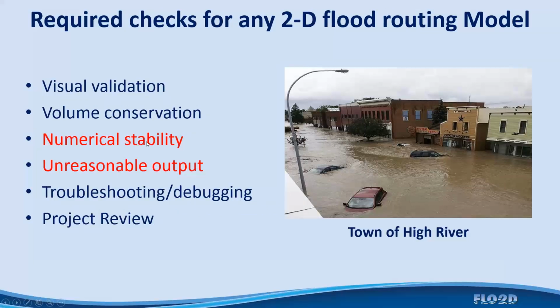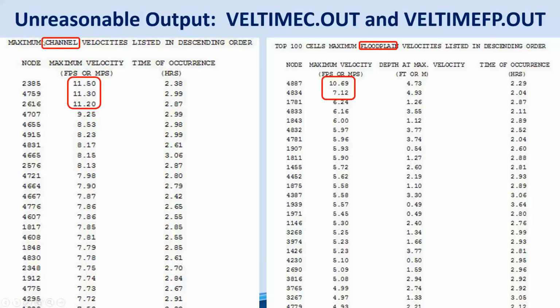So in doing the numerical stability checks, let's start with looking at some unreasonable output. Now, your model may not provide this kind of output, but if it doesn't, it's remiss in helping you to find out whether or not you have some unreasonable maximum velocities. The VELTIMEC for channel and VELTIMEFP.OUT are the maximum floodplain and channel velocities listed in descending order.